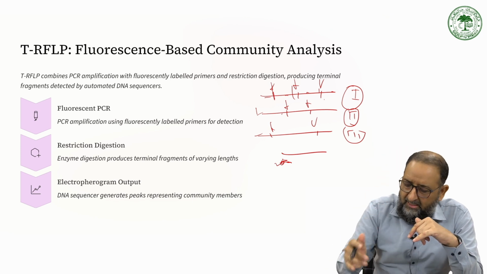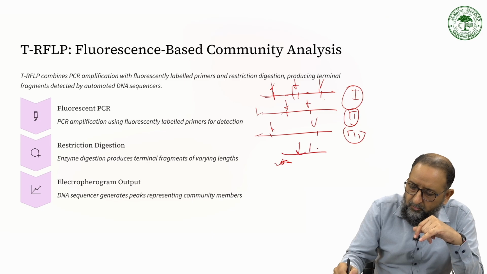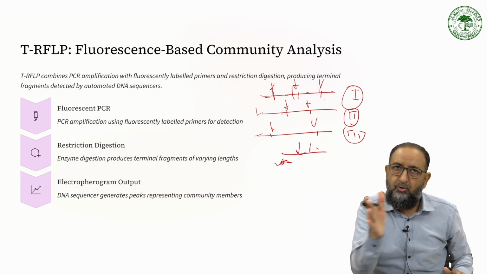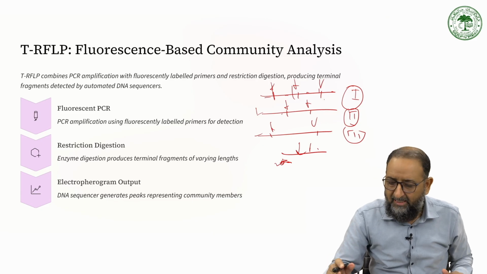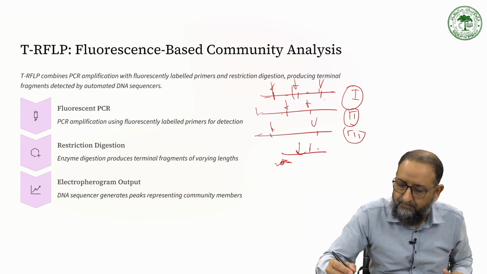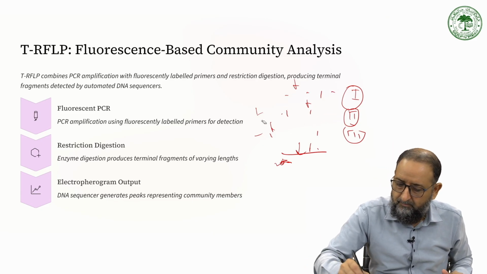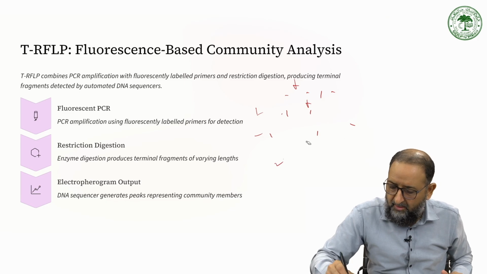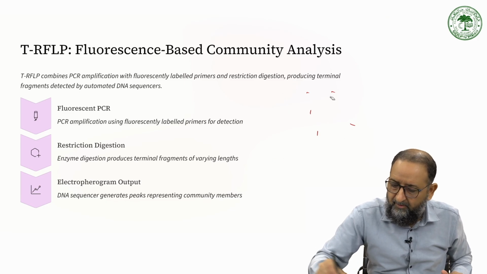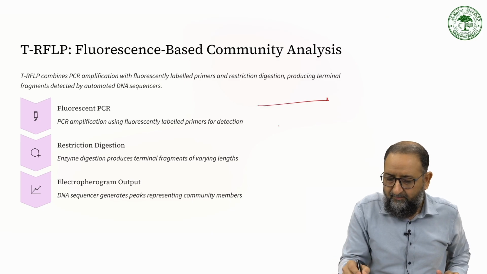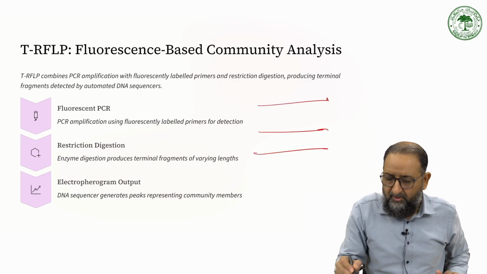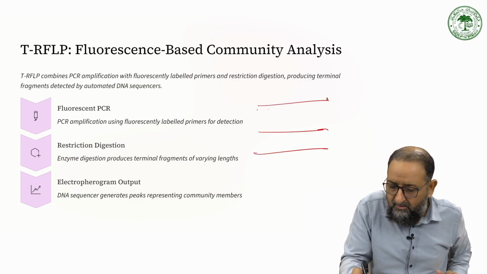Then you can cut with restriction digestion 1, 2, 3, so you will get different fragments, and the terminal fragments you identify are of different sizes. Suppose you have this fragment, and you have a primer designed here and you amplified it.